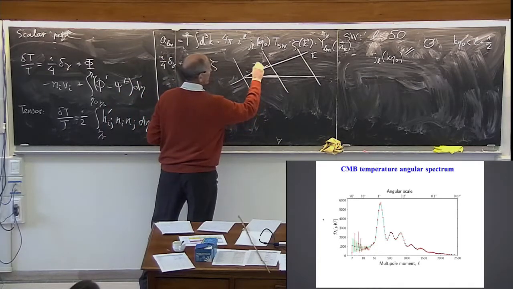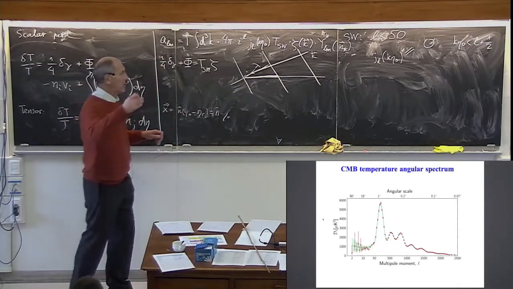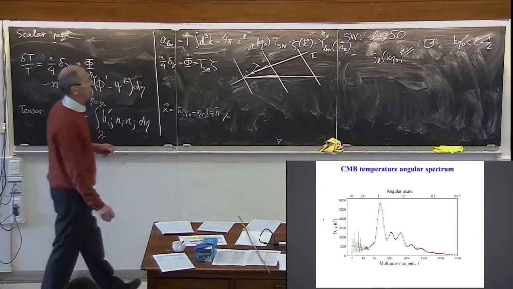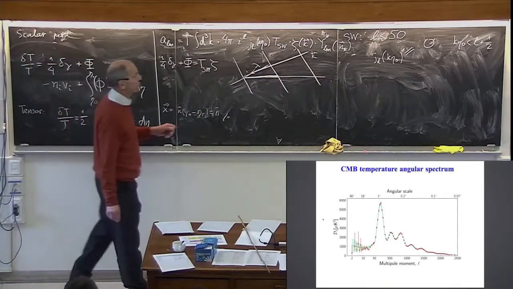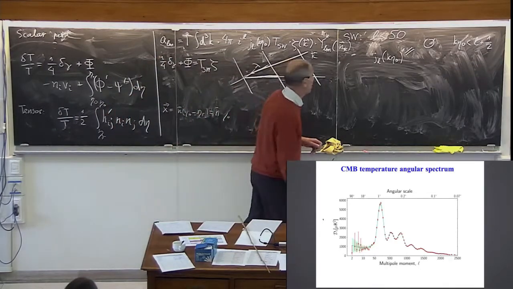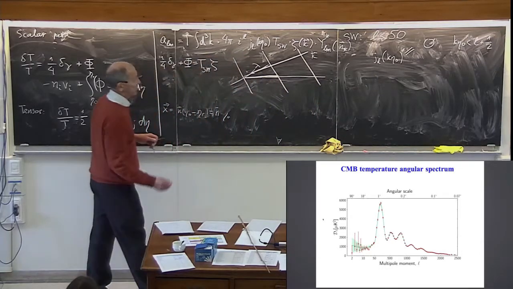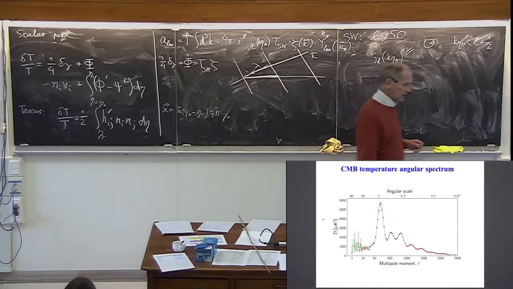So this is the wavelength, and this is bigger than the wavelength. So if the waves move at a certain angle to my line of sight, they contribute to larger angular scales, to even smaller multipoles, as compared to a wave of the same modulus of momentum moving normal to my line of sight.